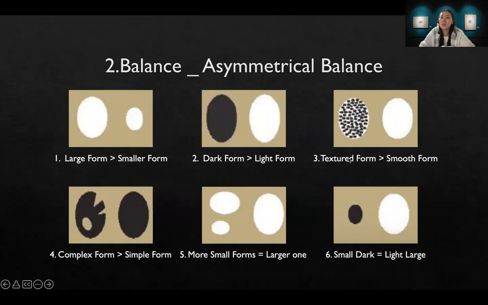The third one, a textured form is visually heavier than a smooth form of the same size. The fourth one, a complex form is visually heavier than a simple form of the same size. The fifth one, 2 or more small forms can balance a large one. And the last one, a smaller dark form can balance a larger light one.